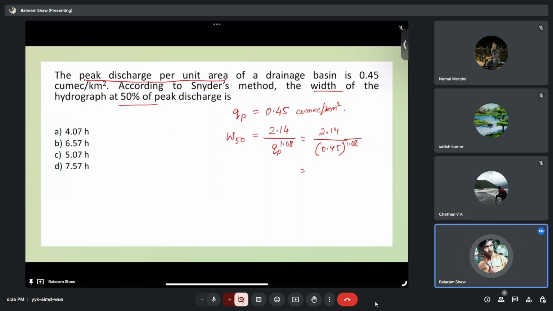Just do it once. I'm getting something like 5.069 hours, so it is near 5.07 hours. So the correct answer is C. Any questions on this?